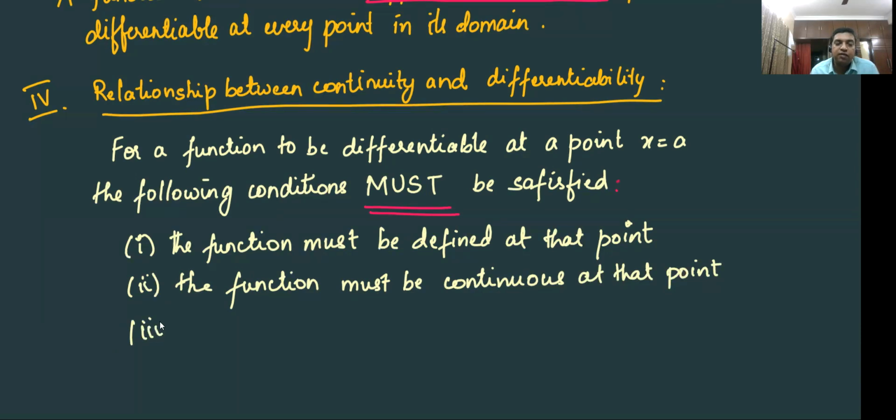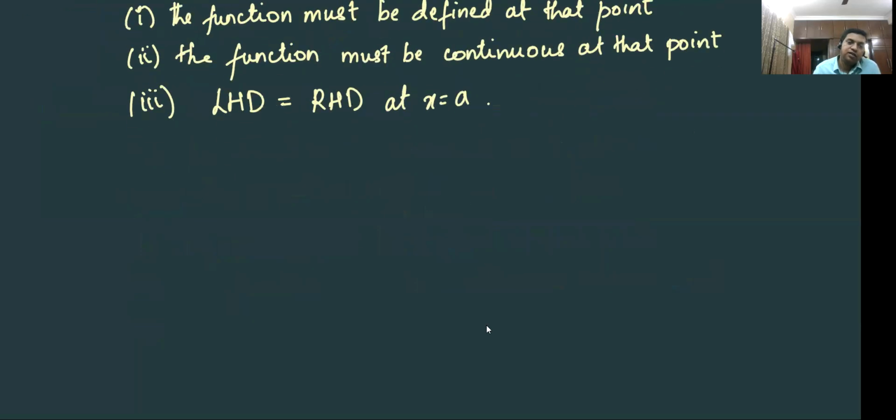Third one, of course, after these two are satisfied, the left hand derivative is equal to the right hand derivative at x equal to a. These three conditions must be satisfied.